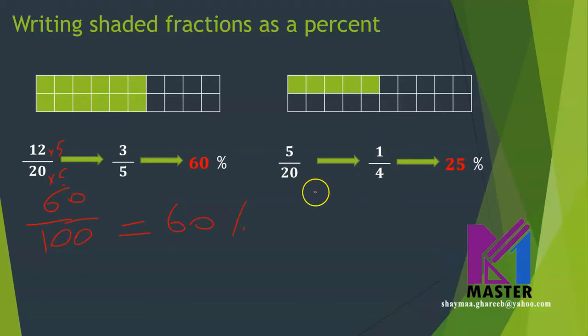I can also do it another way by multiplying up and down by 5 in order to change the denominator here to be 100. 20 times 5 equals 100, and 5 times 5 equals 25. Then the percentage will be 25%. So you can do any of them.